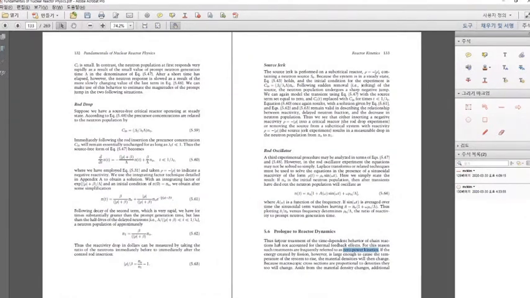So thus far, our treatment of the time-dependent behavior of a chain reaction has not accounted for thermal feedback effects. In that sense, such treatment is frequently referred to as zero power kinetics. If power is generated, heat will be generated and accumulated in the nuclear fuel or in the coolant.